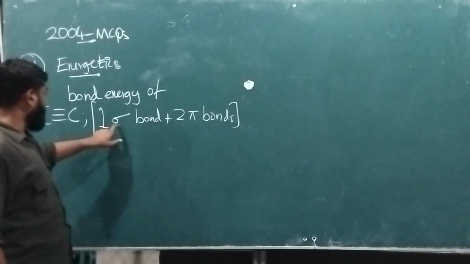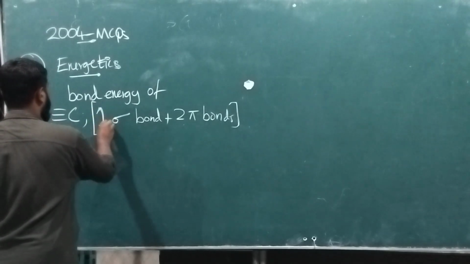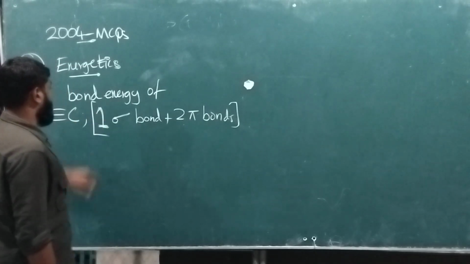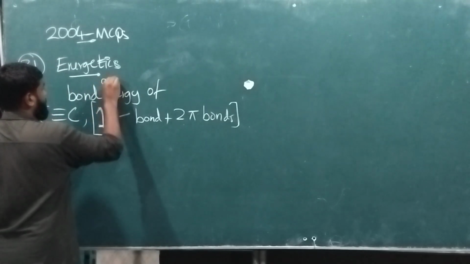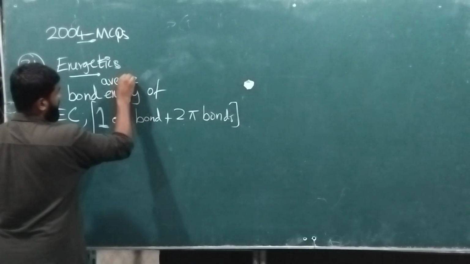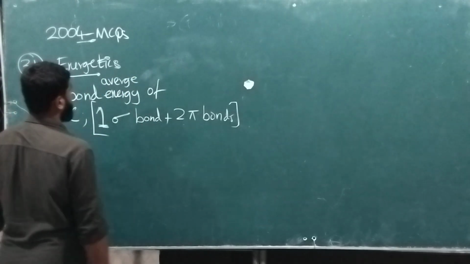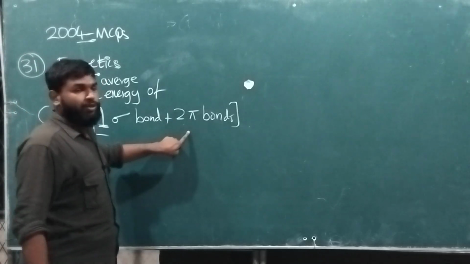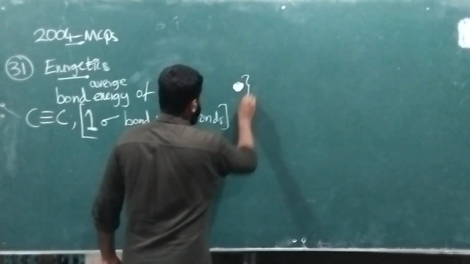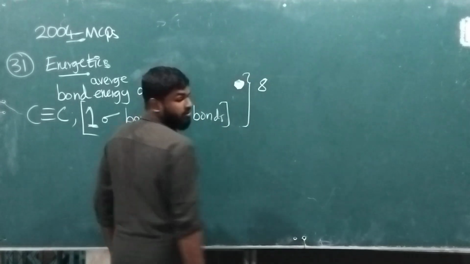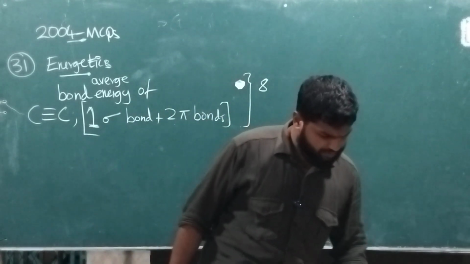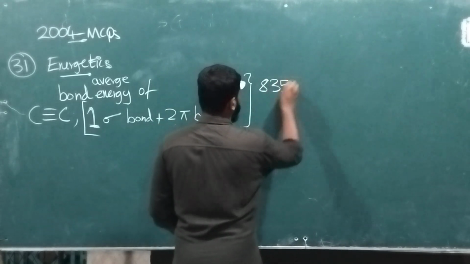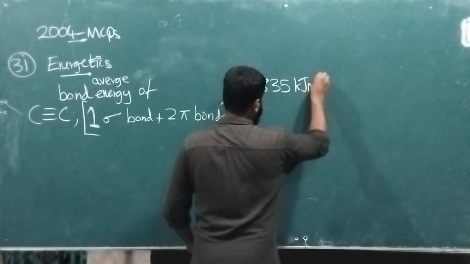This is an important thing that you have to know. Here they already said it is about the average. So the average bond energy of C triple bond C, which has one sigma bond and two pi bonds, is 835 kilojoule mole minus 1.